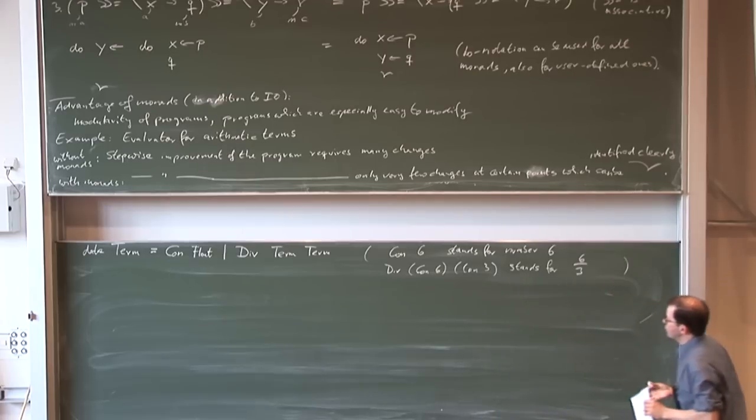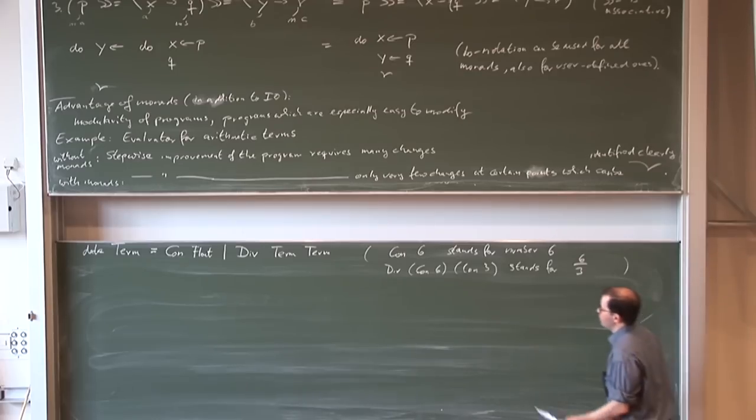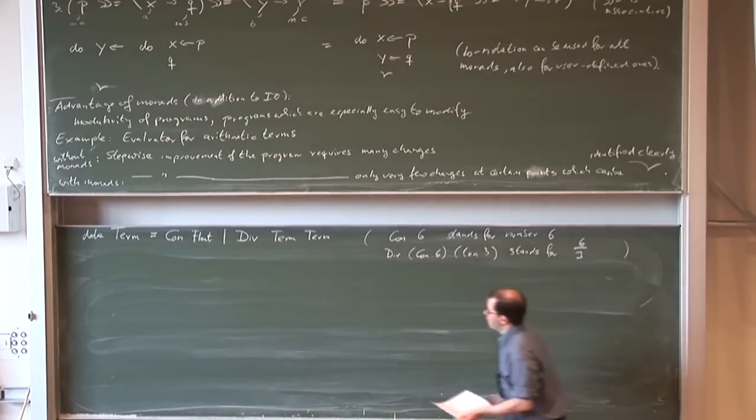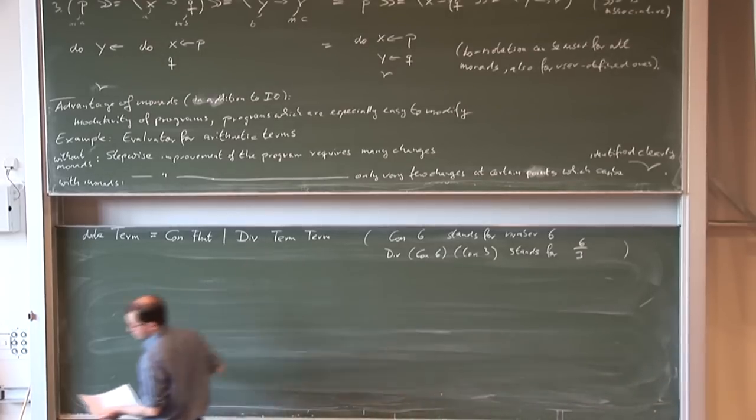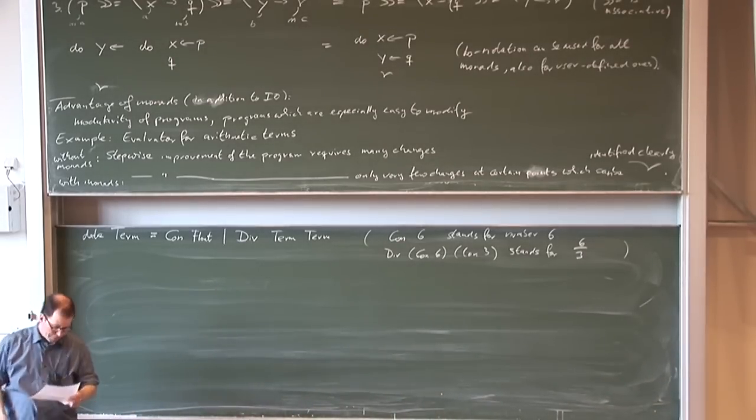So with this data structure, you can represent arithmetic expressions where, in fact, the only arithmetic operation that I have here is division, but this is just to keep the example short. In reality, you might like to have something like plus and times and minus and so on. Okay.